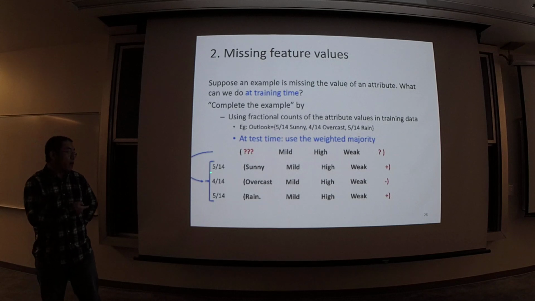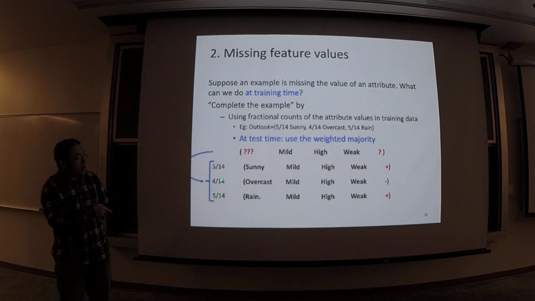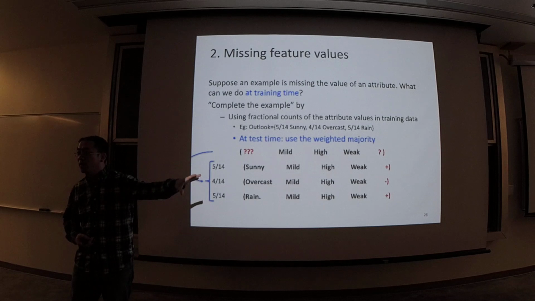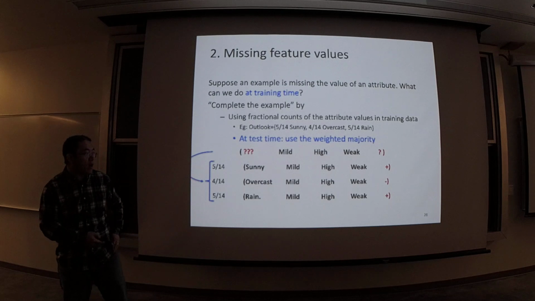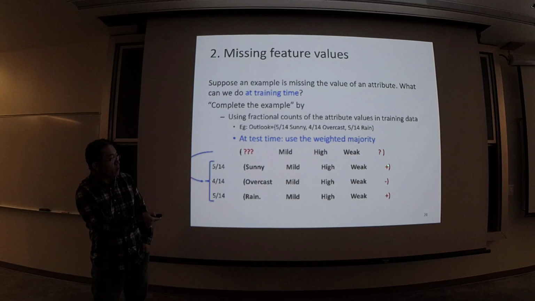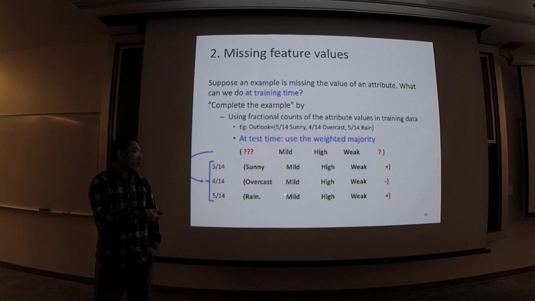So I have 5 over 14 sunny test example, 4 over 14 overcast test example, and 5 over 14 rain test example. Then I just throw the 3 examples into my decision tree. I end up with 3 predictions. For the sunny test example, I predict that I'm going to play tennis outside. For the overcast, I choose to stay. And for the rainy example, oh, that's kind of weird.